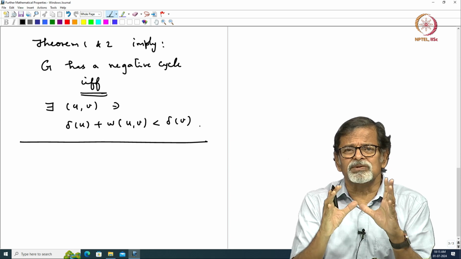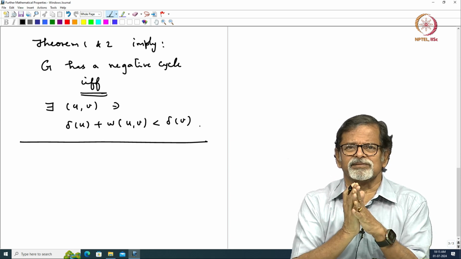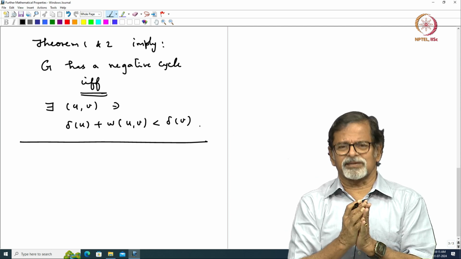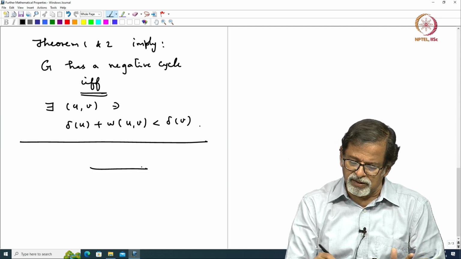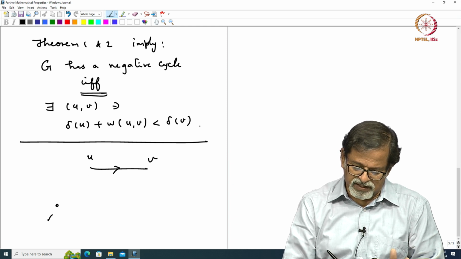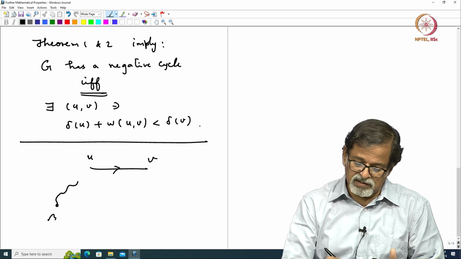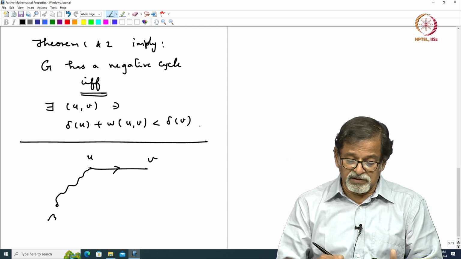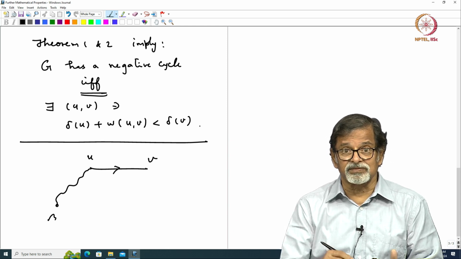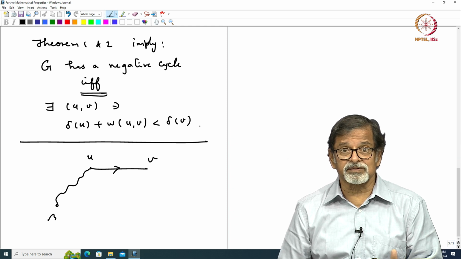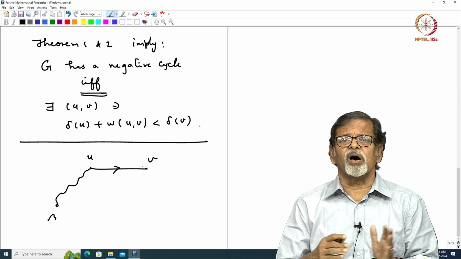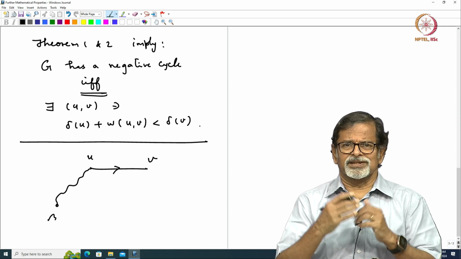What would you generally expect? Just a common sense requirement. If uv is an edge, if S is a vertex, suppose this is the shortest path, and if this is the last edge, how would you have reached u?